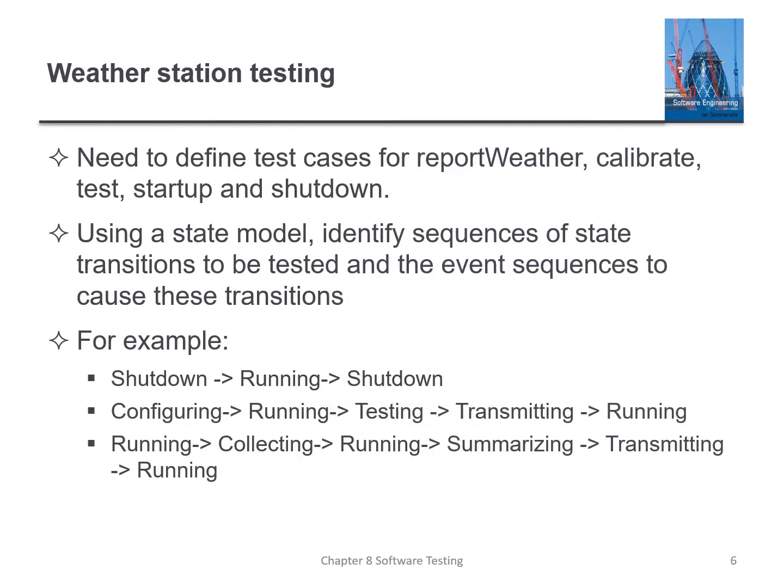Alright, so this is an example from the textbook for weather station testing, where it shows how to test that class just now. So when you want to do object unit testing, you can actually define the test cases.